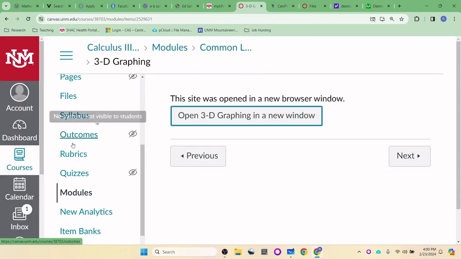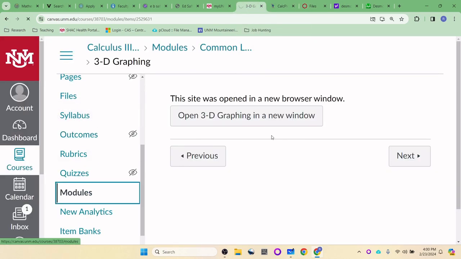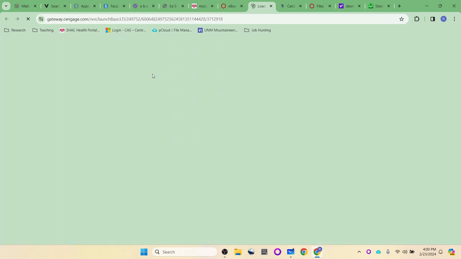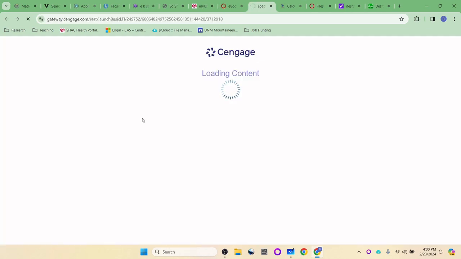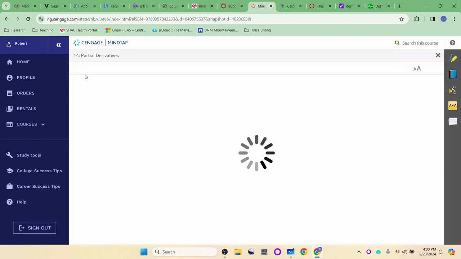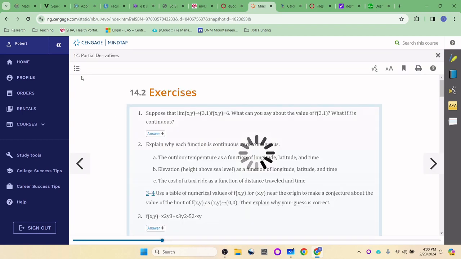Let's go to the textbook. We are in section 14.4.